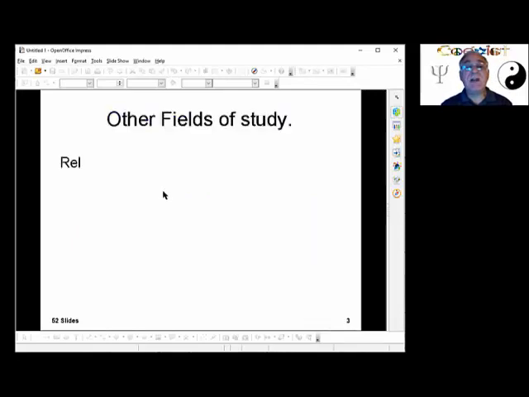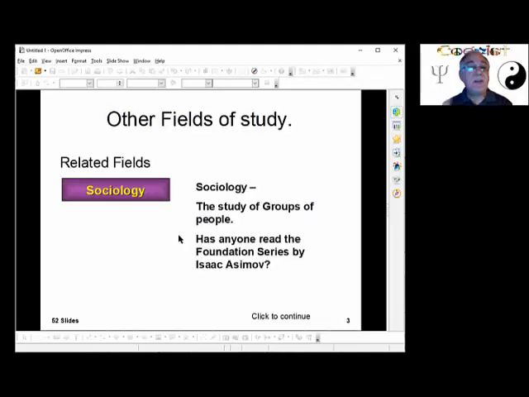So the sociology first. Sociology studies groups of people to see how the group functions as a whole. We do have in psychology a group of psychologists called social psychologists that study groups of people also, but they don't study the group in order to find out how the group works like sociology does.